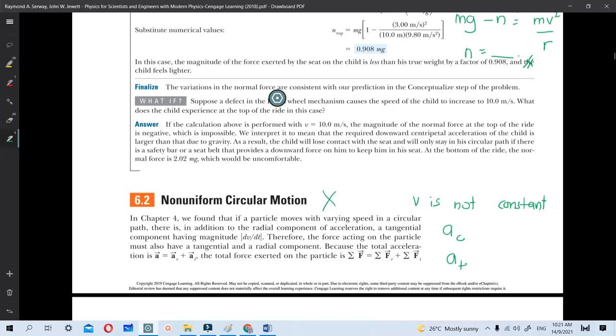In the case where V is constant, there is just a single value of A, which is AC. And to recall from previous class, the total A is a combination, because you have AC directed towards the center, so this is a circular path.